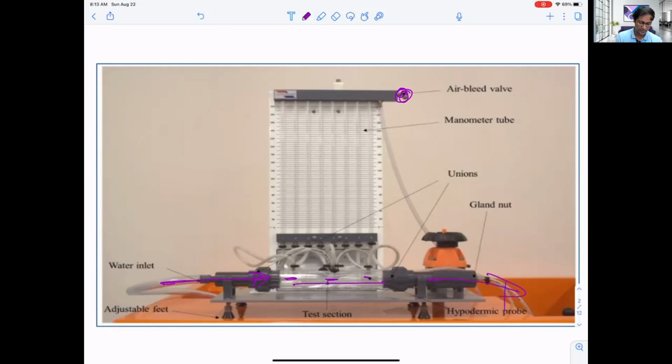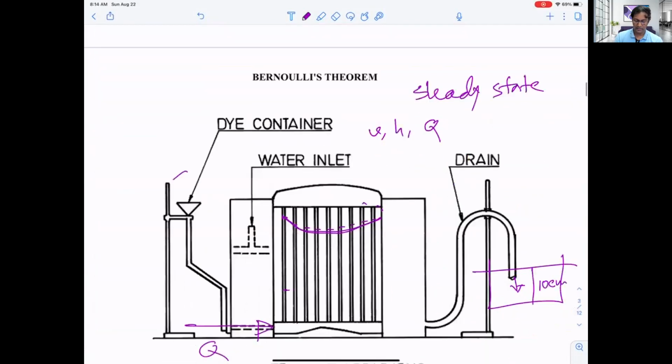And then we'll see we have this head, right, watermark here. Since we have a scale already there, we can easily measure, okay, this is the reading. So these readings are basically P over gamma for each of these tubes, representing that section of the pipe. So we have the data sheet, we'll put it there, and we are collecting, right?